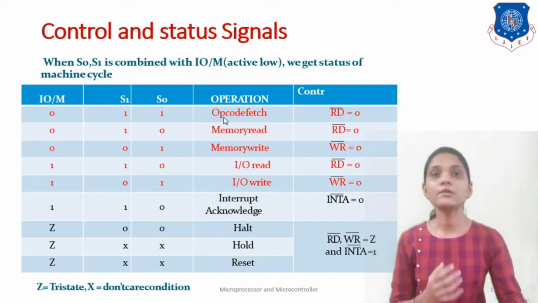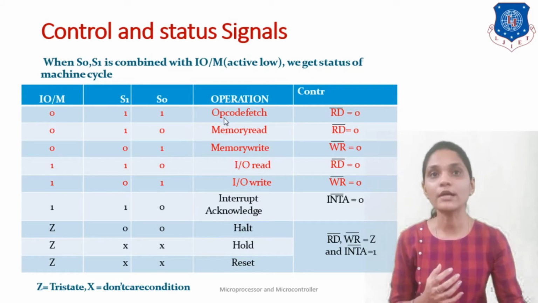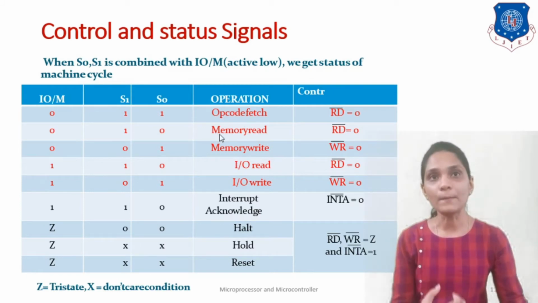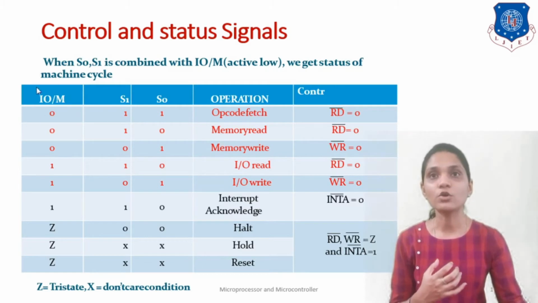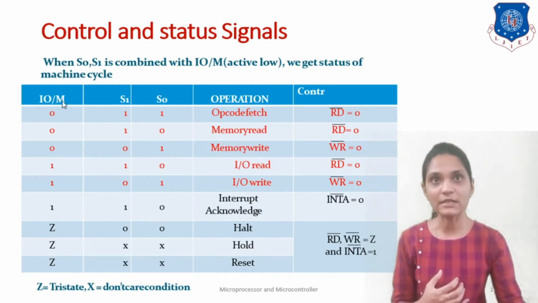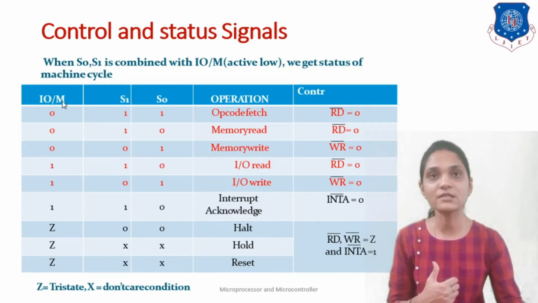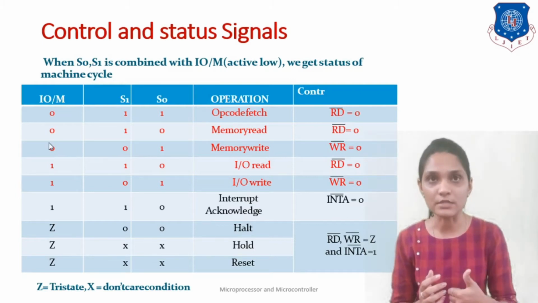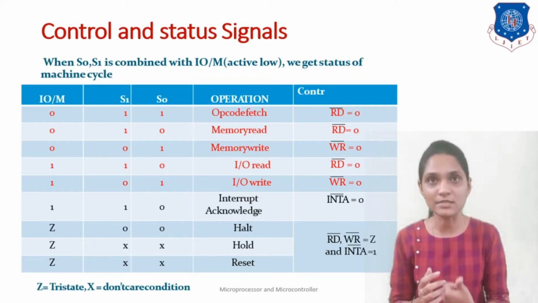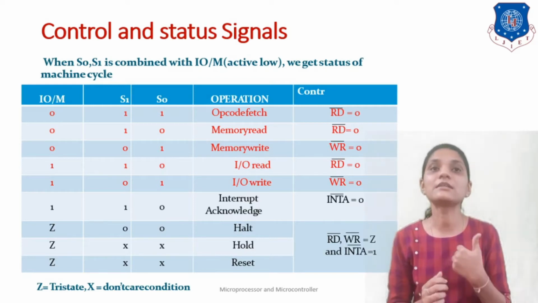For example, suppose we require to complete the task of memory read. That means your control should be for the memory, so your IO, M bar signal should be 0. If IO, M bar is 0, your task is related to memory.